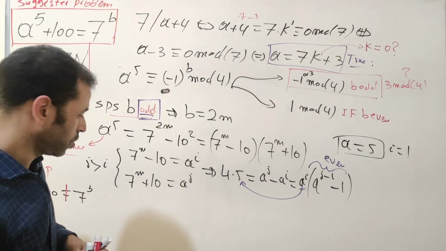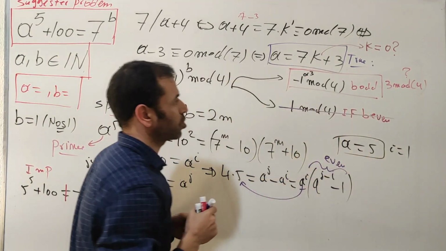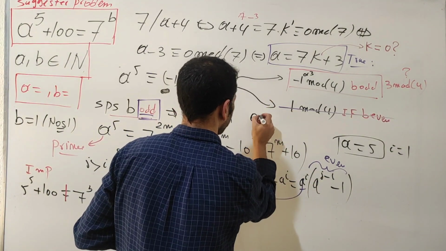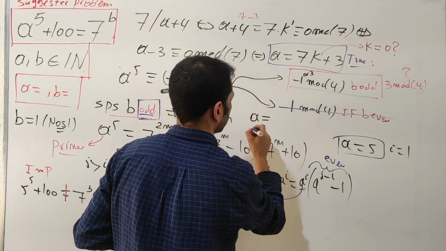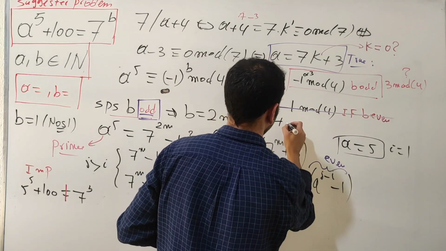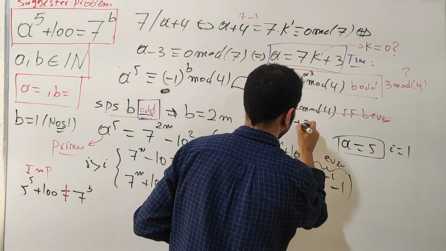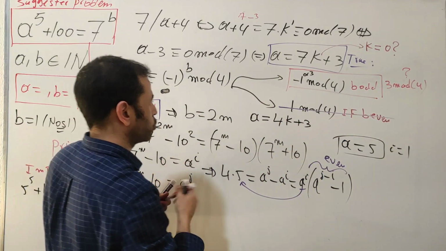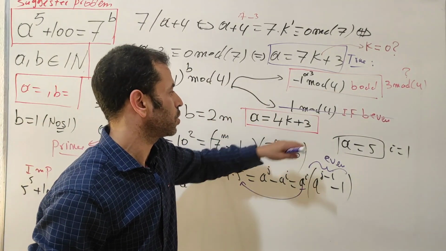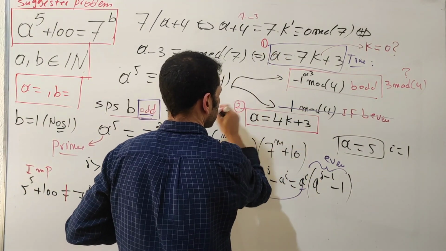If b is odd, this one will be ruled out as a possibility. This is wrong, and this is true. Okay, which means our prime a is going to be written in this form: 4 times k plus number 3, which is the first one. Now we have shown a equals 4k plus 3. So this one was statement number 1, and this is statement number 2.